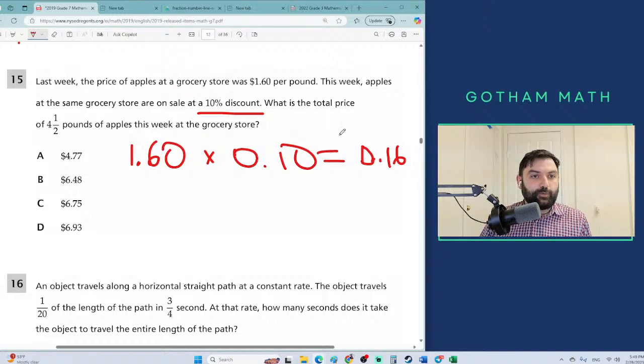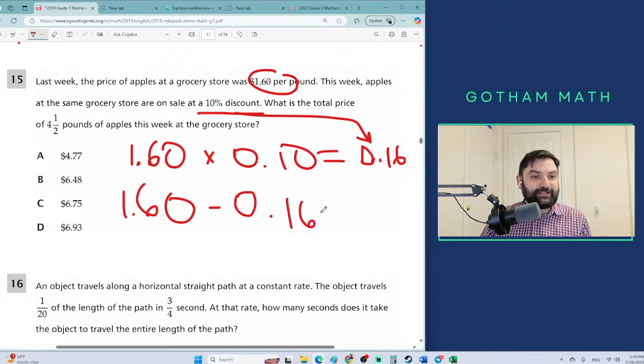And we have to subtract those 16 cents because this is the 10% discount from the price, right? It's going to be $1.60 minus 16 cents, which is $1.44. And this is per pound. This is for 1 pound, or LB, you know.